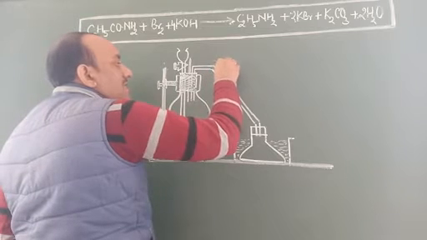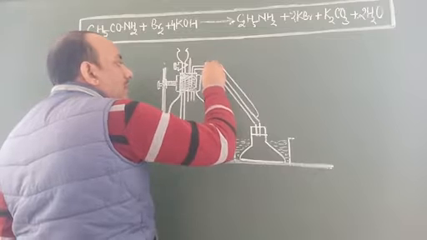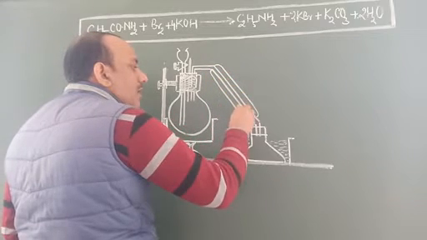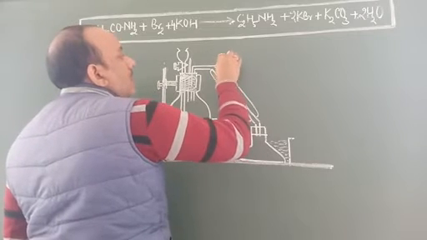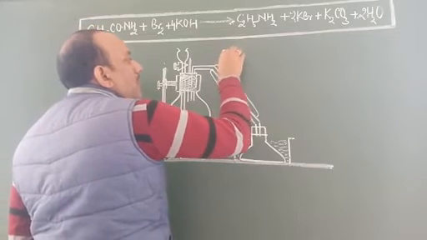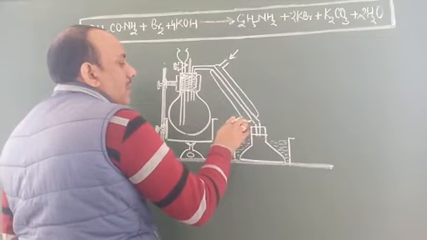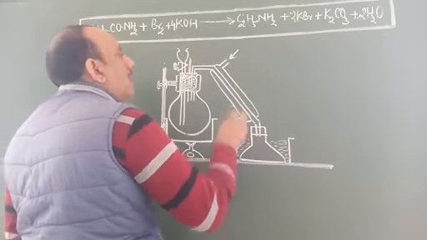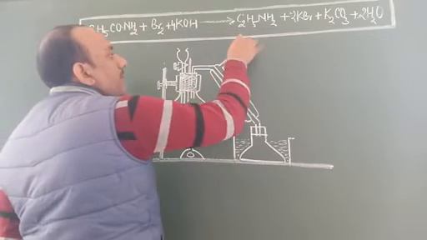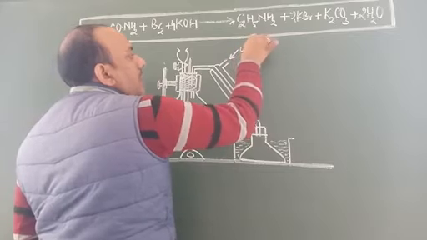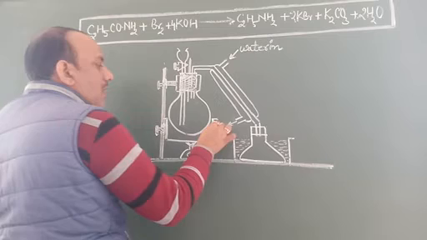In the Liebig condenser, on one side cold water goes in and on the other side hot water goes out. This cold water is used for the cooling of this product. Water in and water out.